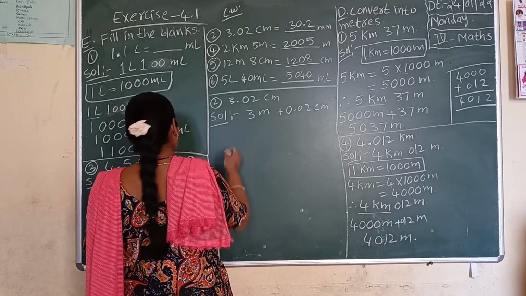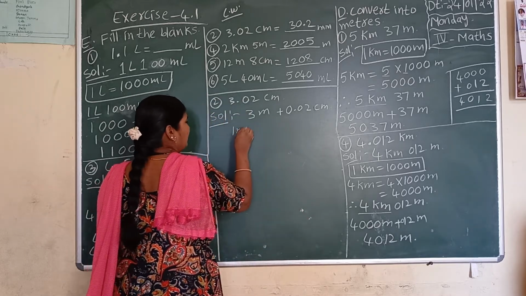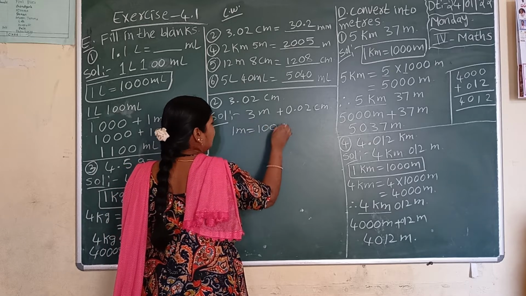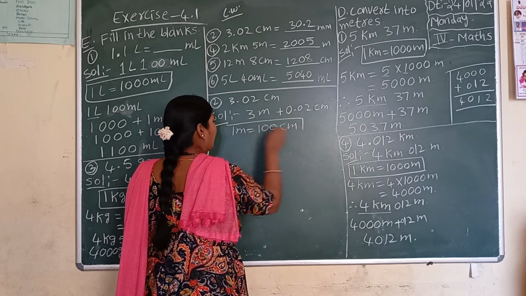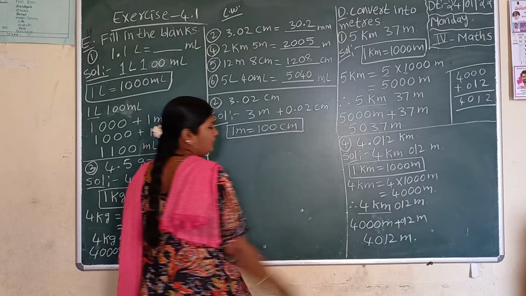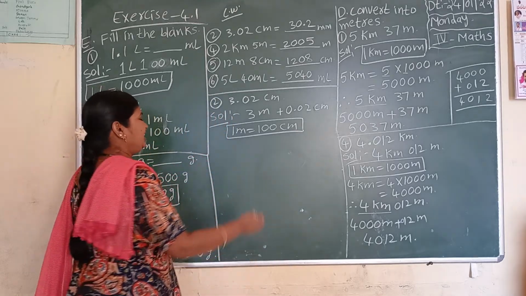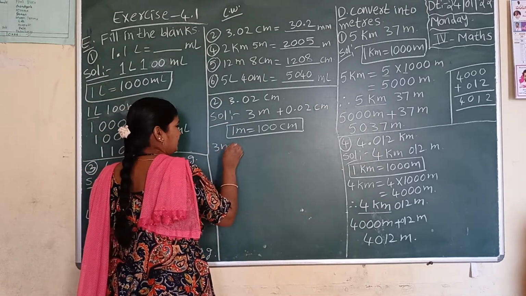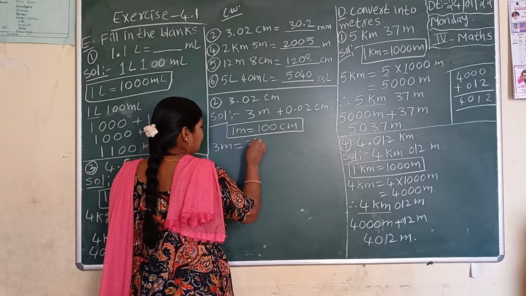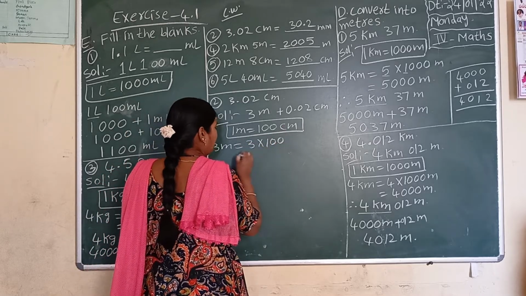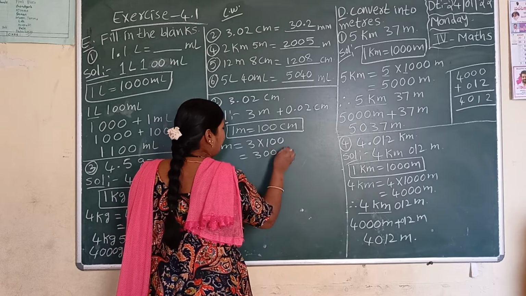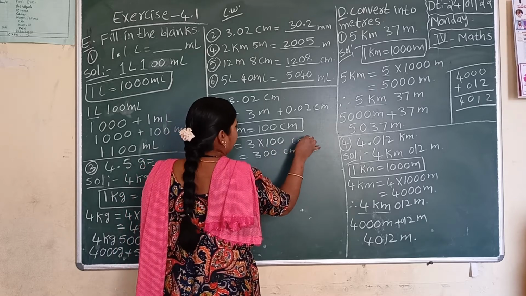Now you have to convert: 1 meter is equal to how many centimeters? 100 centimeters. Convert 3 meters into centimeters. 3 into 100, you are getting 300 centimeters.